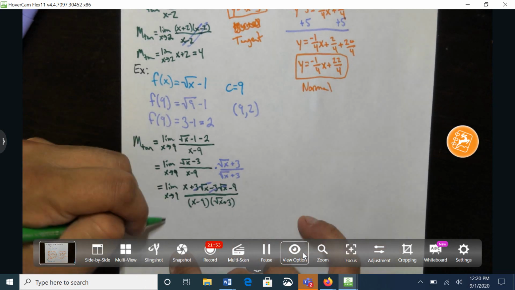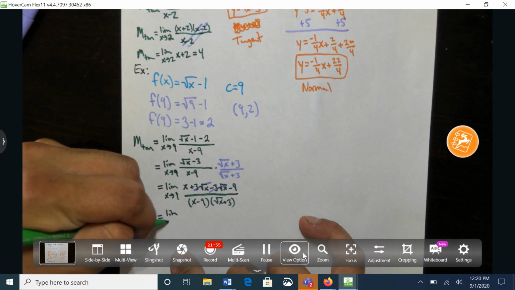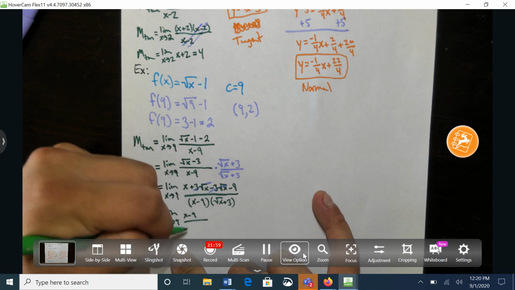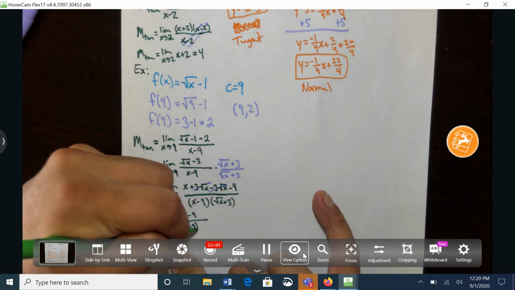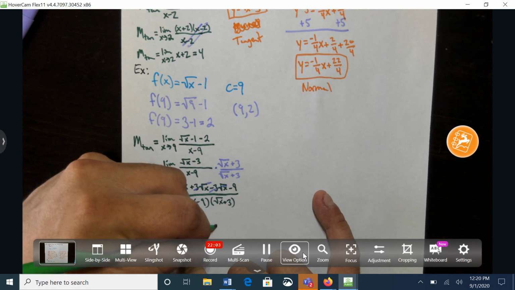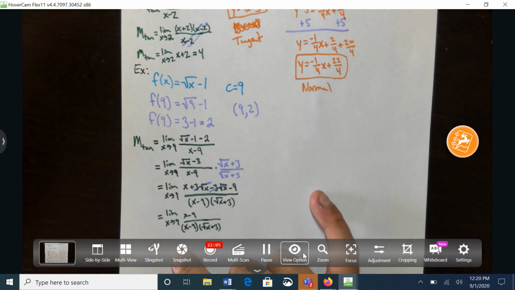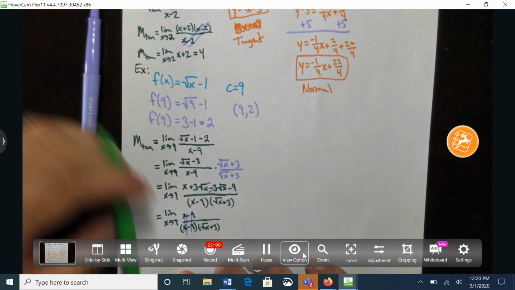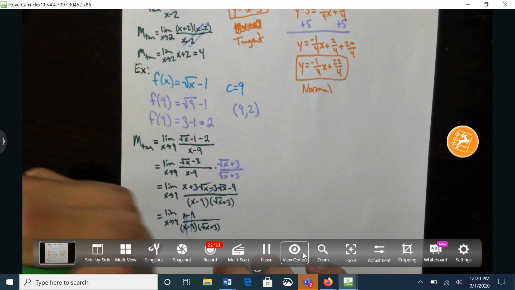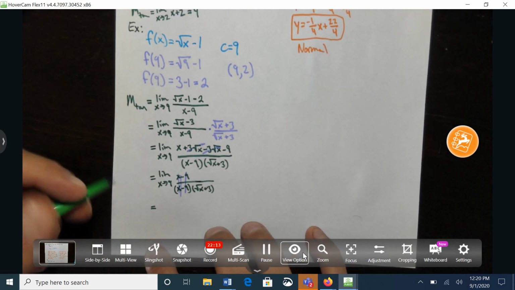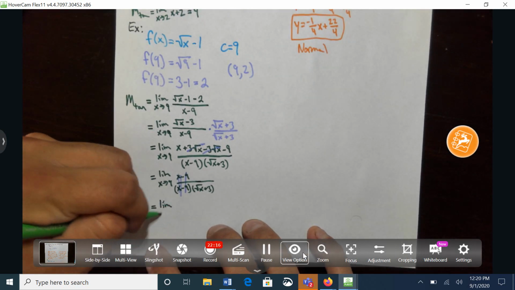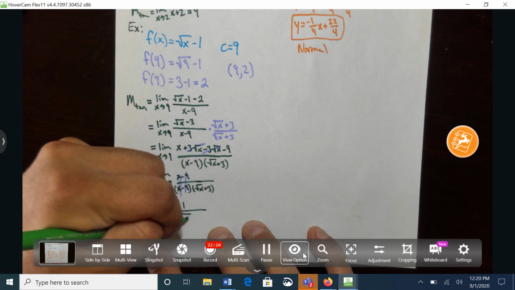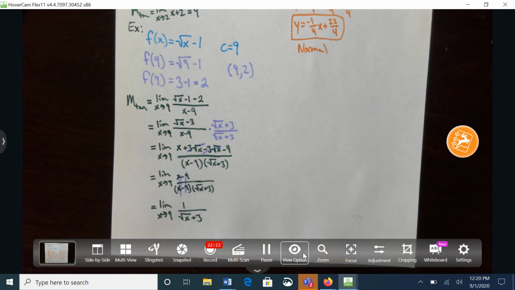So what we really have is the limit as x approaches 9 of x minus 9 over x minus 9 times square root of x plus 3. And this cancels, so what we're left with, which is what we wanted, is the limit as x approaches 9 of 1 over the square root of x plus 3.